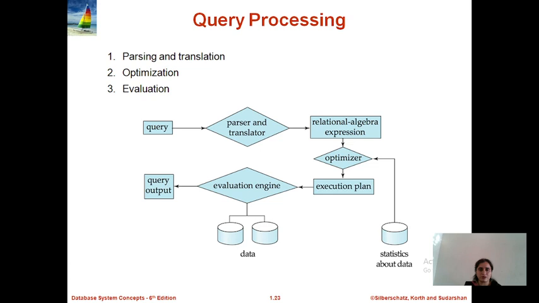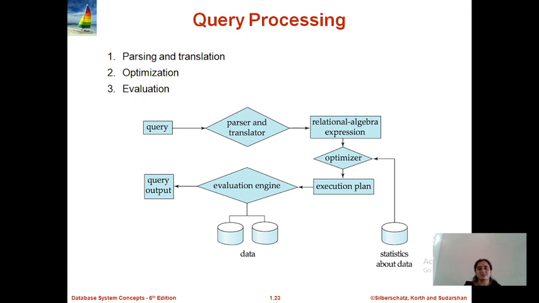To summarize, the user generates the query. Internally, it generates the parser and translator, and that query is converted into an algebraic expression. That algebraic expression is forwarded to the optimizer. Within the optimizer, to execute that query, it needs some statistical data, which is accessed from the statistics database.